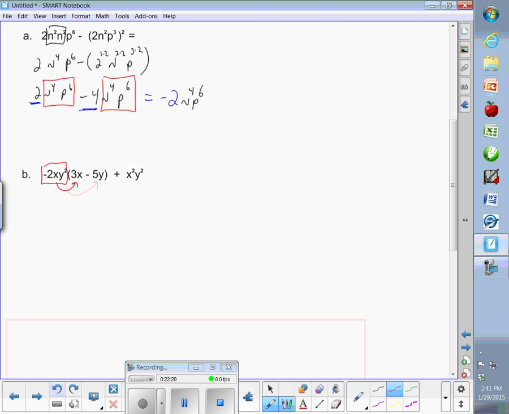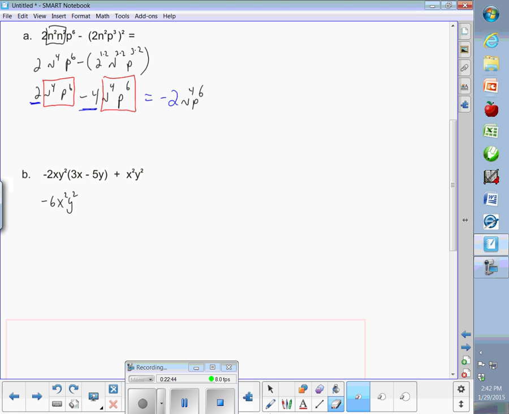So let's do that first. Okay, negative 2 times a positive 3 is a negative 6. An x times an x is an x squared. And then you still have times the y squared. And that was the first distribution. It's what we get when we do the first distribution.